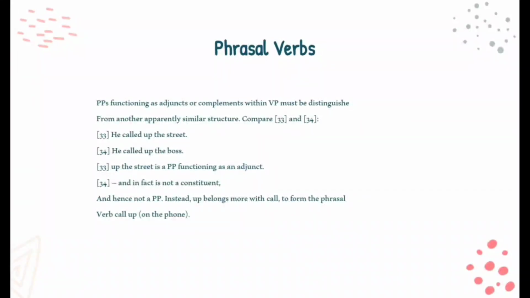In 33, "up the street" is a PP functioning as an adjunct. In 34, "up the boss" is in fact not a constituent, and hence not a PP. Instead, "up" belongs more with "call" to form the phrasal verb "call up".